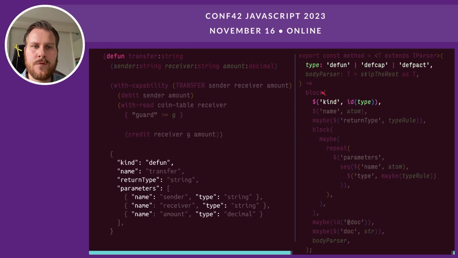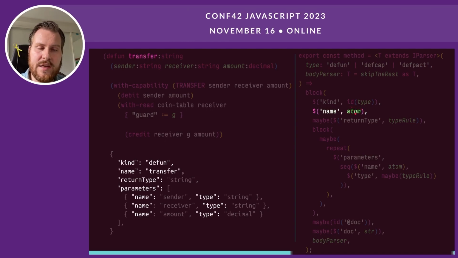So when we have a block, then I expect to find a kind if I'm working with a function. Actually, I'm expecting to find one of the types that we have here. In this case, a defun. And if it matches, then that's good. Then, if we find an atom, it still matches to what we call a method. If we find an atom, we want to store it. We store it here in the transfer, in the name property.